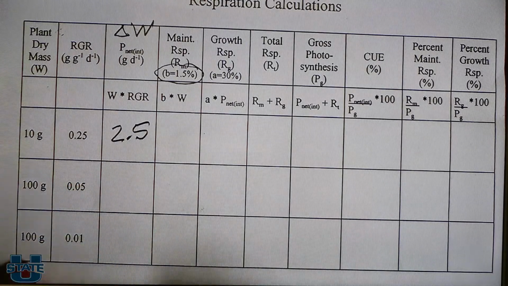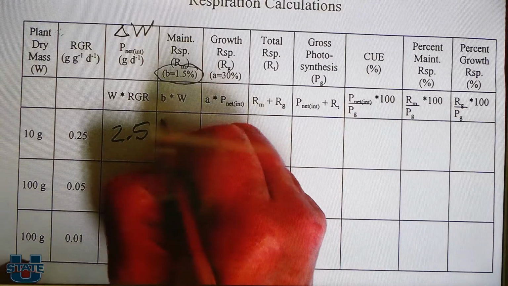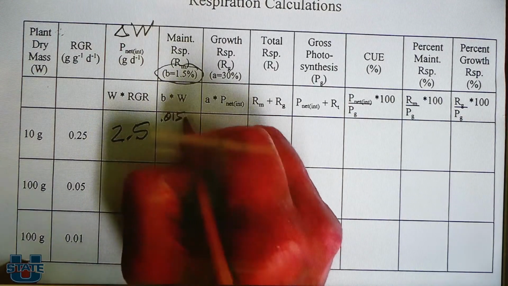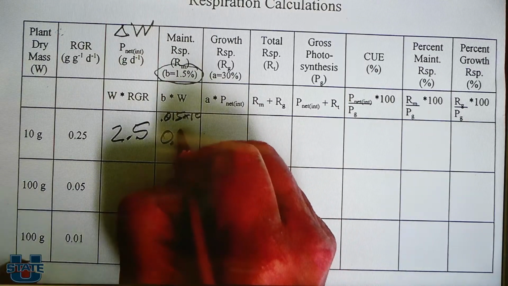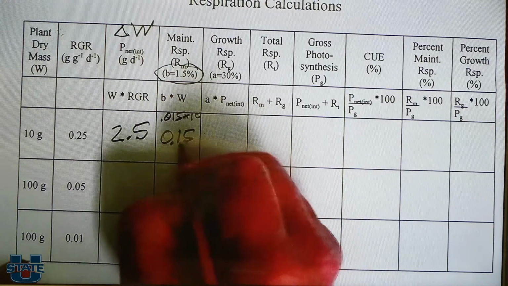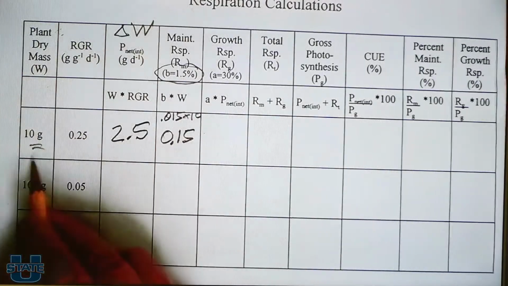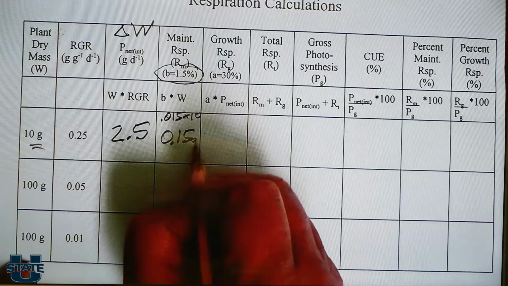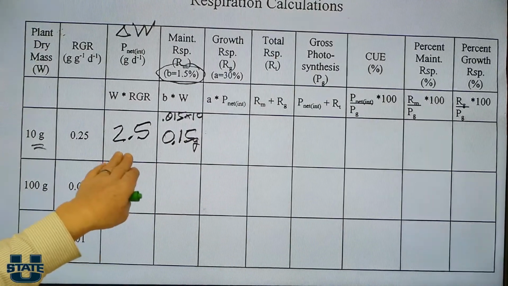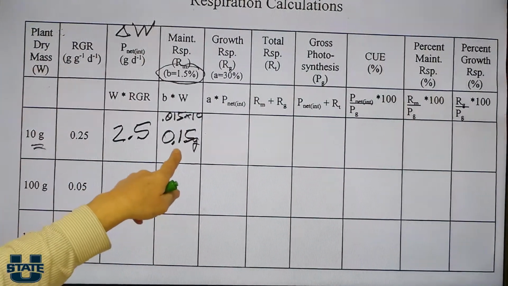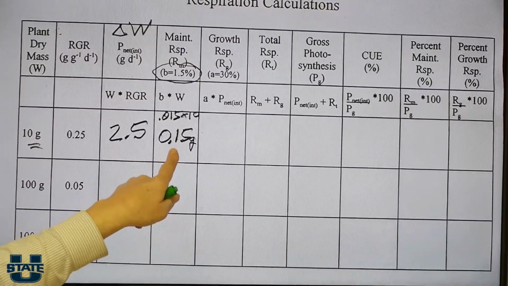So this is 0.015 times 10, so this number is 0.15, because it's 10 grams of plant, and all these units are in grams. Of the photosynthesis of a 10 gram plant, 0.15 grams went to maintenance.